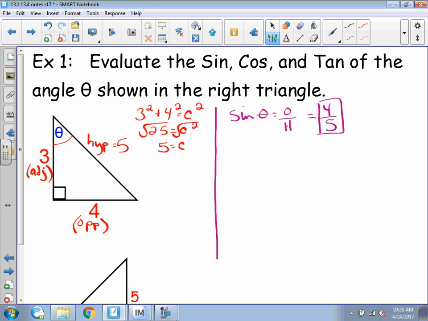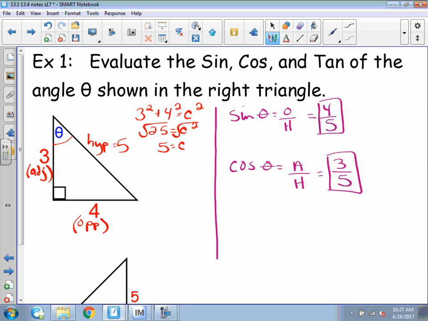Okay? So now we'll do cosine. Cosine of theta is adjacent over hypotenuse. What's adjacent? 3, and hypotenuse is 5, so 3/5. Cosine of theta is 3/5. It just wants that ratio simplified.